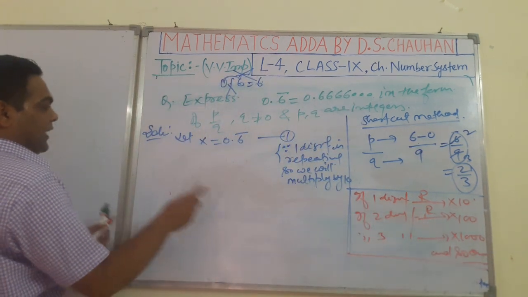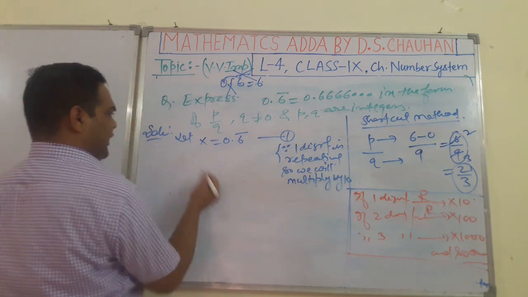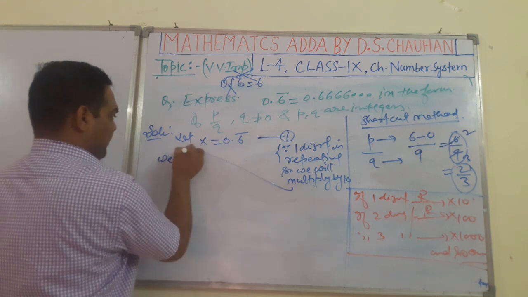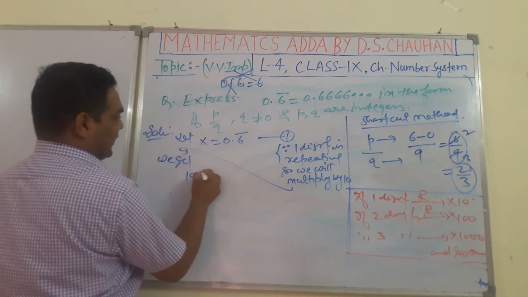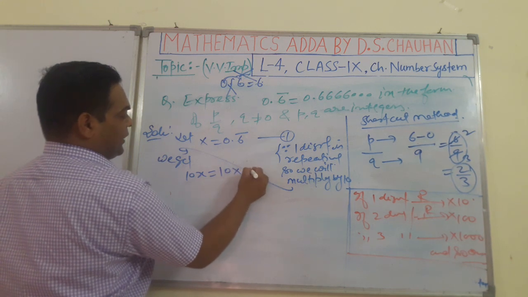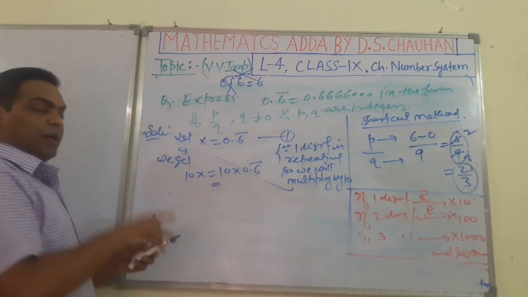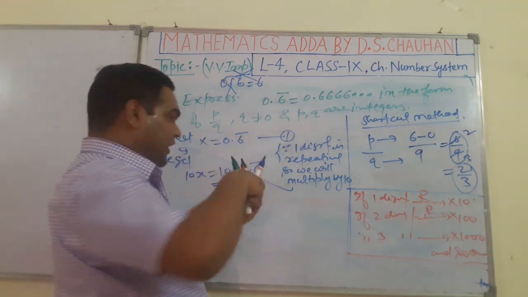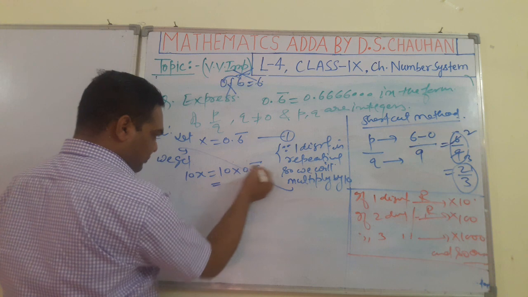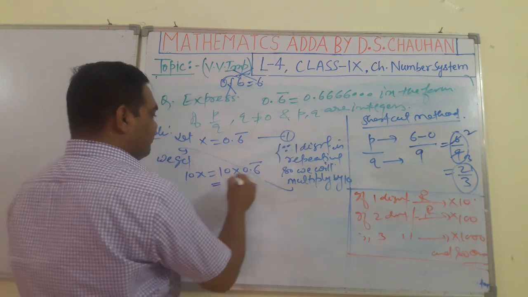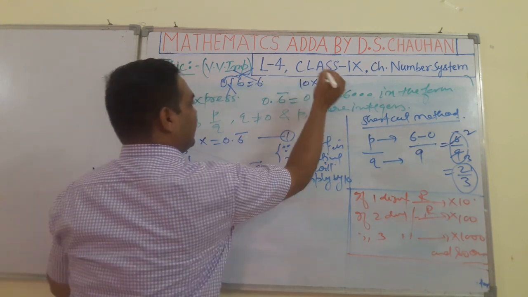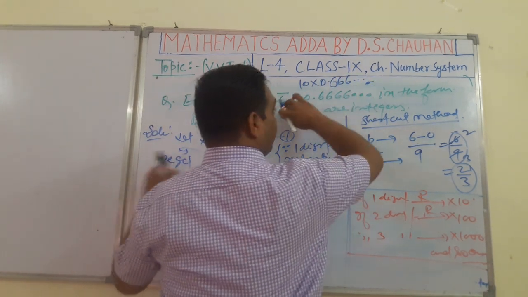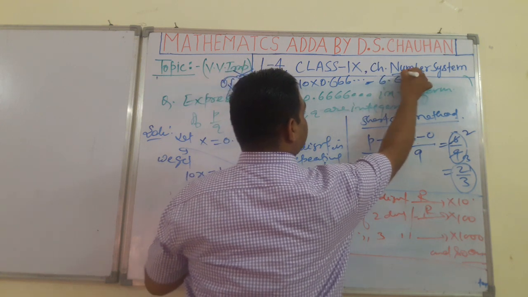Multiplying by 10, we get 10x equal to 10 into 0.6 bar. As we multiply 0.6 bar by 10, the decimal shifts one digit right. You will get 0.6, 6, 6 and so on, so the decimal shifts one digit and you get 6.6 bar.